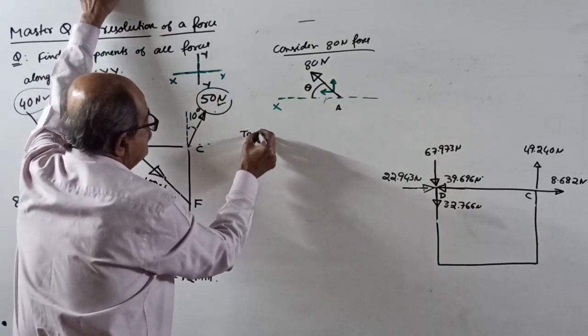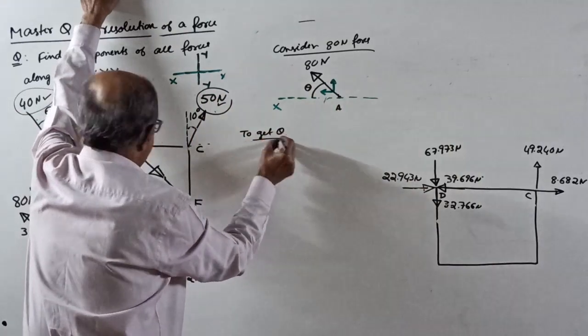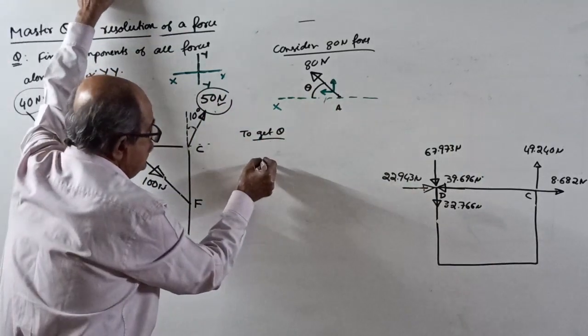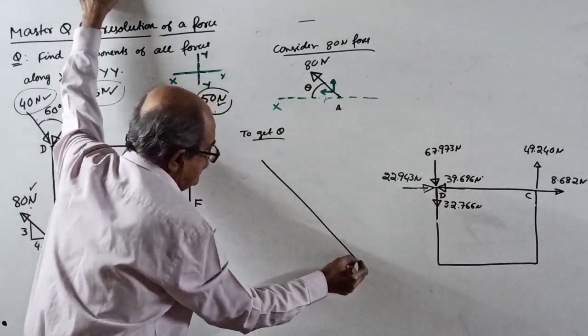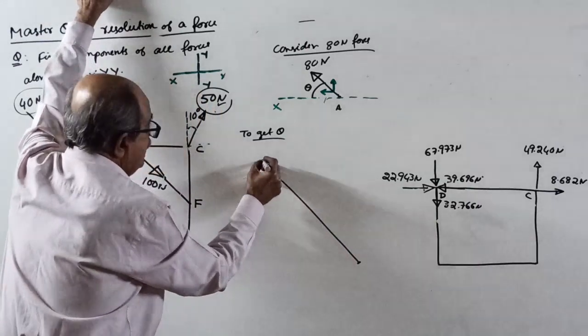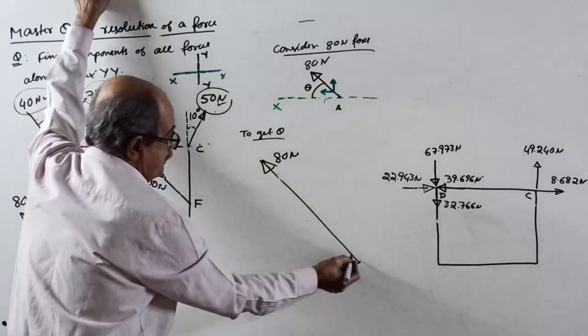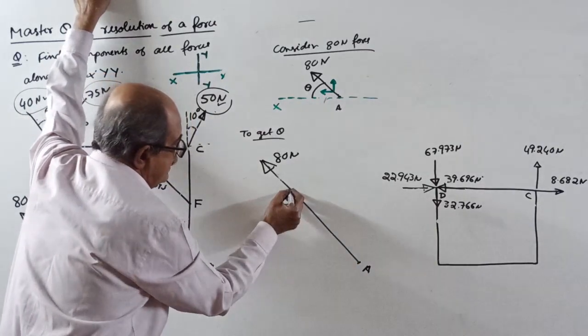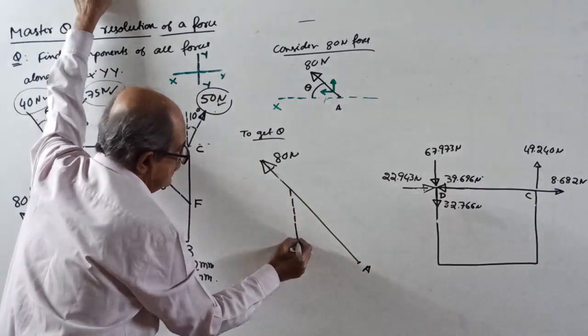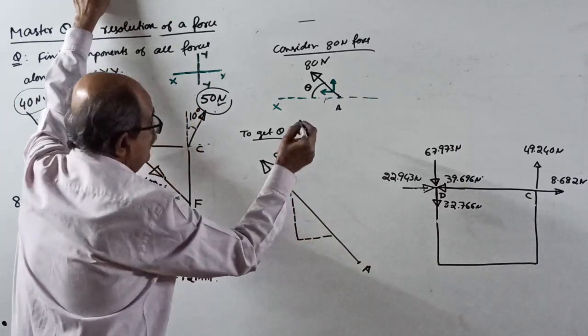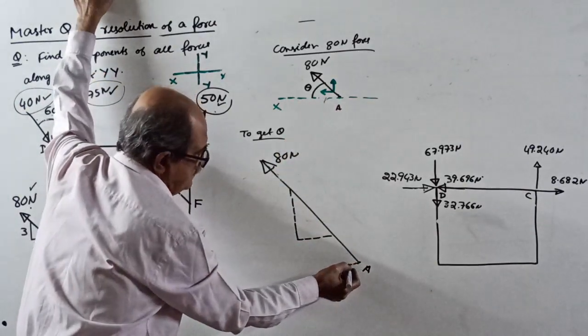To get theta, see here, the 80 Newton force is given like this, a big sketch, up to the point A. We want this angle.